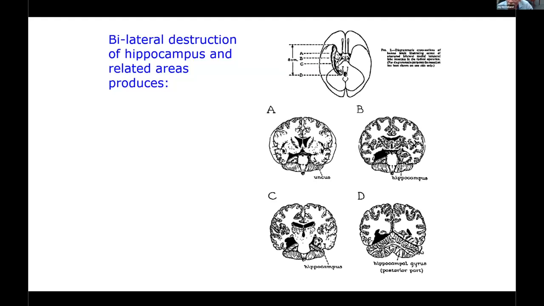In previous surgeries, surgeons had removed the hippocampus on one side of the brain, but in the case of HM, they performed this surgery that you see here, not just on one side as shown, but on both sides, so that the hippocampus and the overlying cortex were removed not only on the right side of the brain, but also on the left.